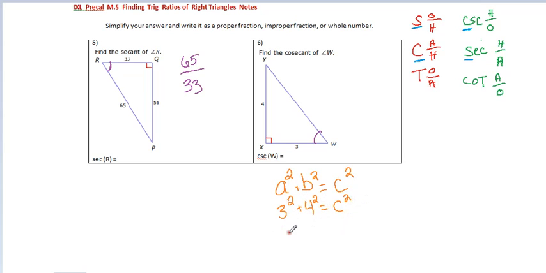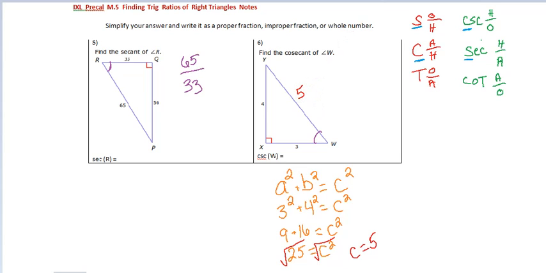You always wondered what you're going to use this for. 3 squared is 9, this is 16, and this is still C squared. So 25 equals C squared. When we take the root of both sides, we get C equals 5. So we know this leg is 5.